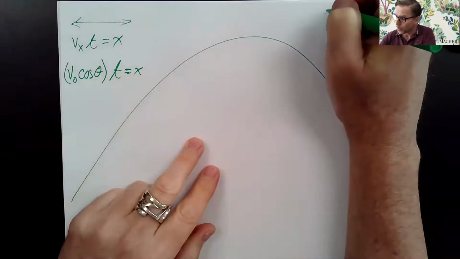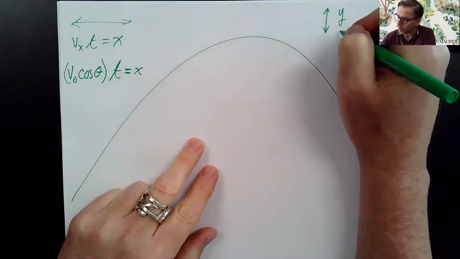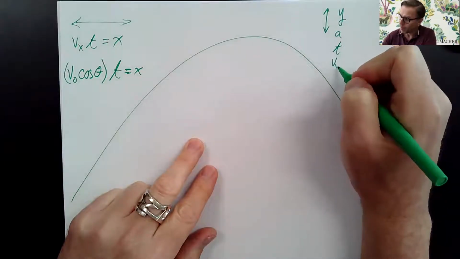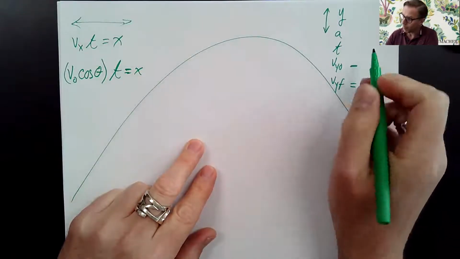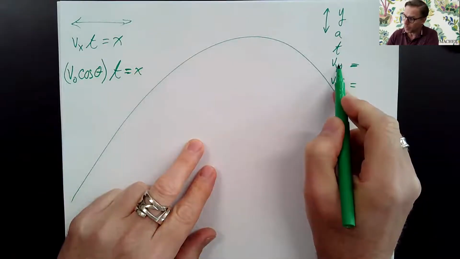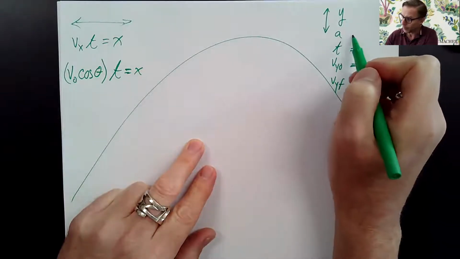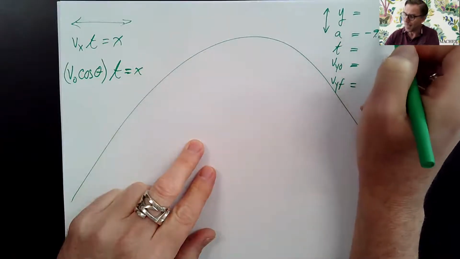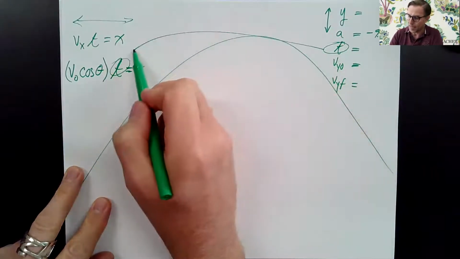Over here on the right, we always describe our vertical motion. Y, the vertical displacement, a, the vertical acceleration, t, the time, Vy initial, and Vy final. The vertical speed at the beginning, the vertical speed at the end. a is always negative 9.8, and this t and this t are the same.